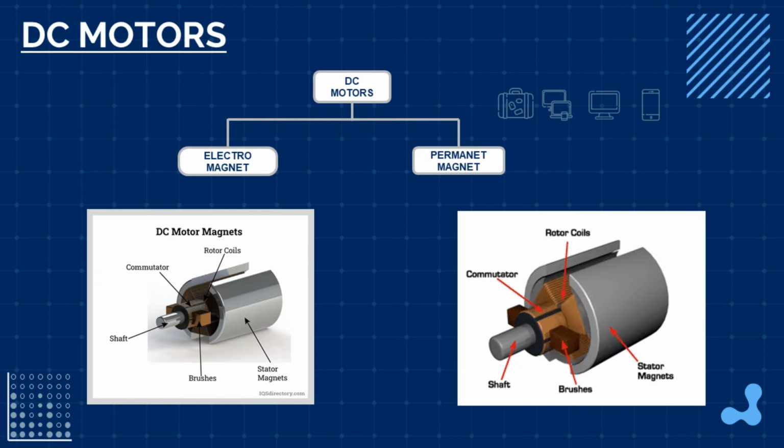DC motors. Two types: electromagnet, permanent magnet.